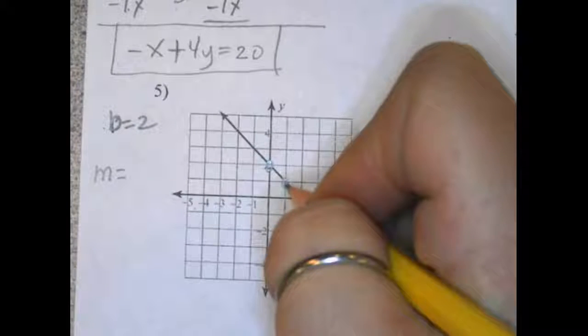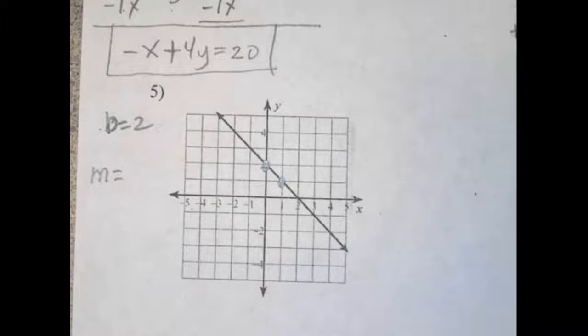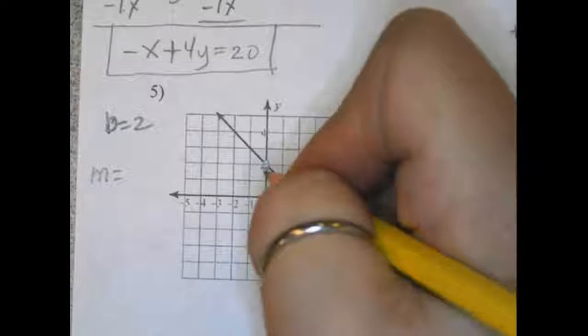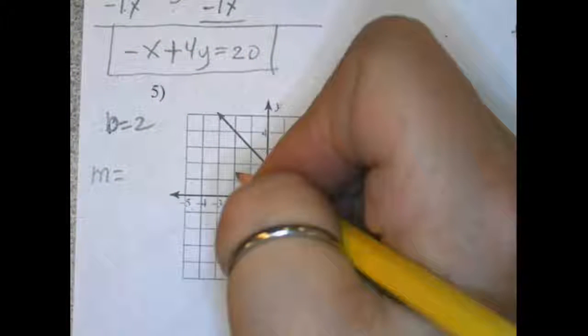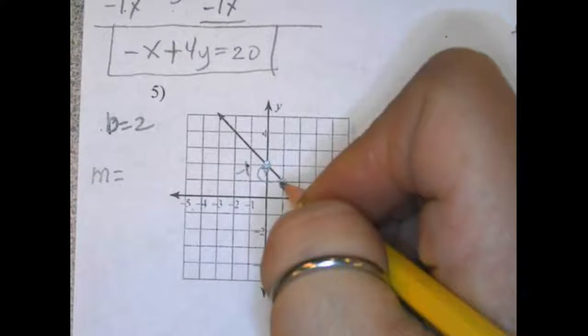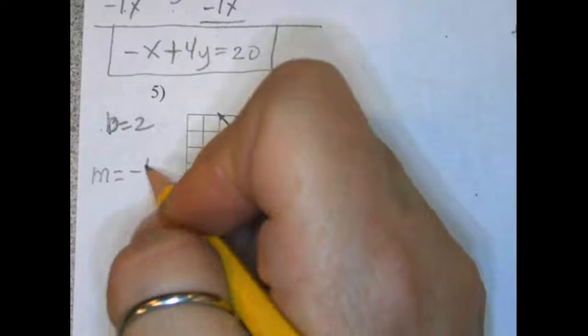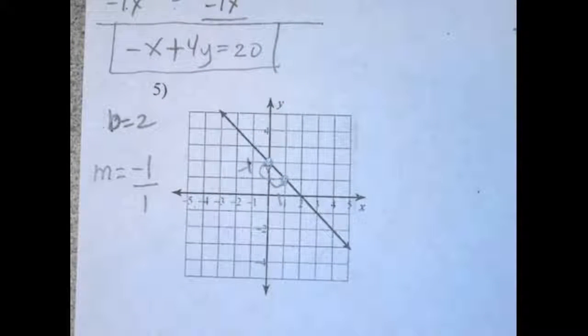I'm going to call this one here because I like to read from left to right. That's how we read in the English language. So then my next point over would be this one. So what is my slope? I went down how many? 1. So it's -1. And then to the right, how many? 1. So my slope is going to be -1. -1 over 1, but that's just -1, right?